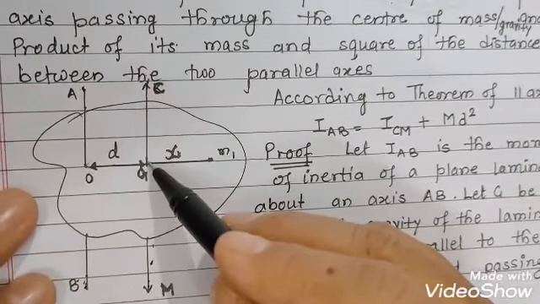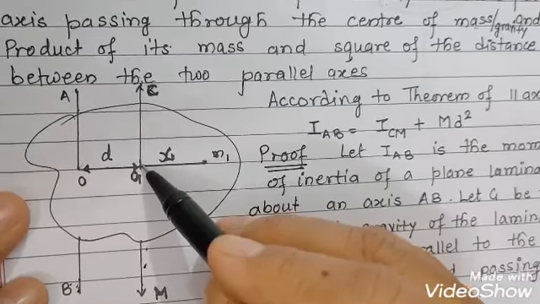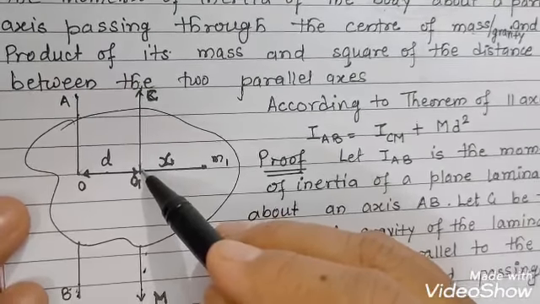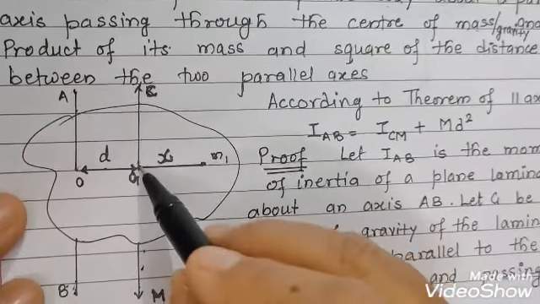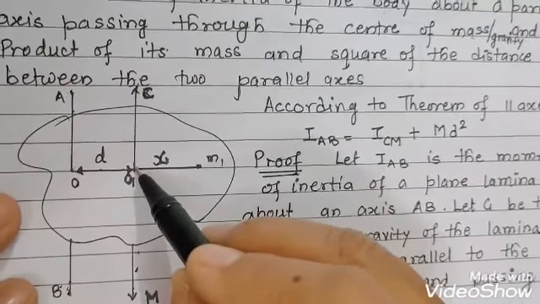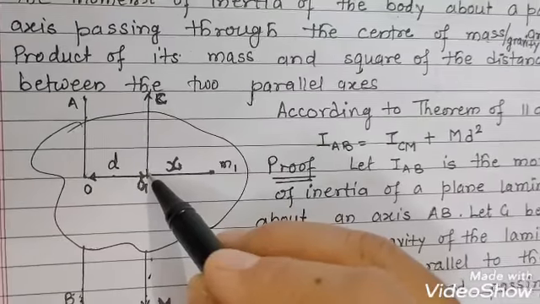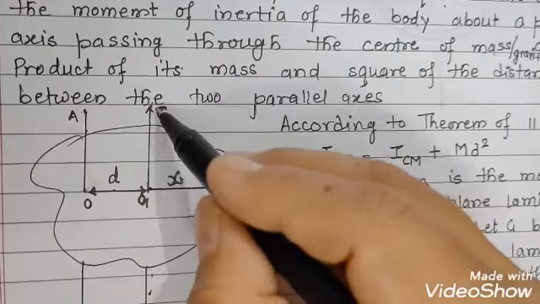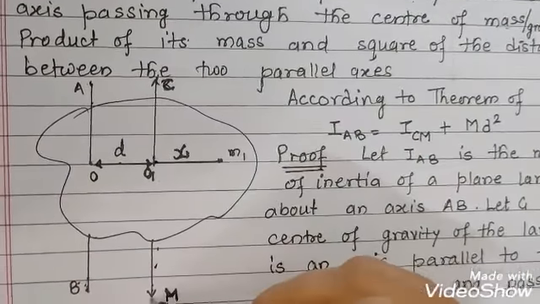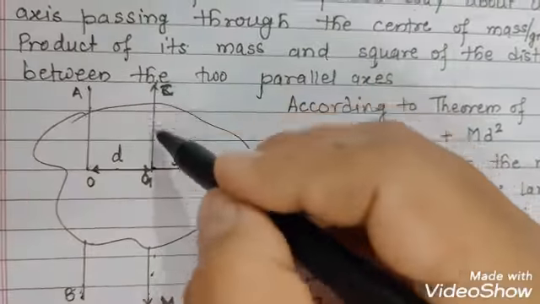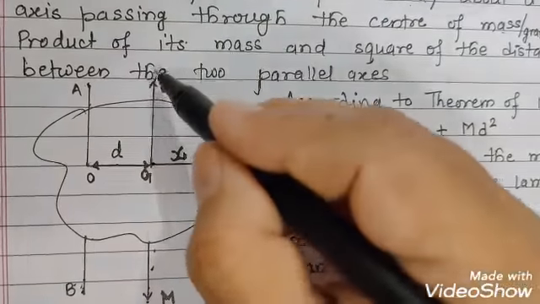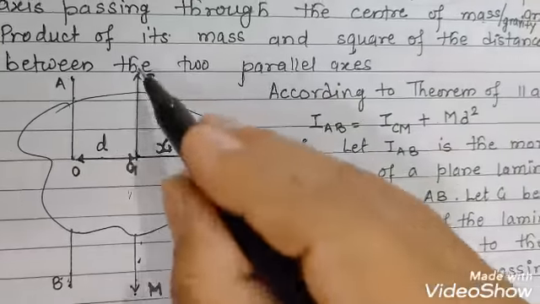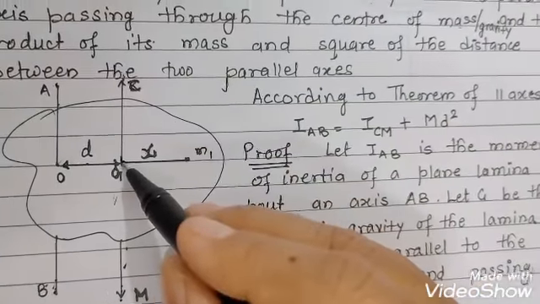If it is a regular body, that means a well-defined regular geometrical shape body, in such a situation the center of mass and the center of gravity both will coincide. That we have learned already. So you will consider here that the center of mass or the center of gravity is passing through this point, and the axis is passing through this center of gravity or the center of mass.